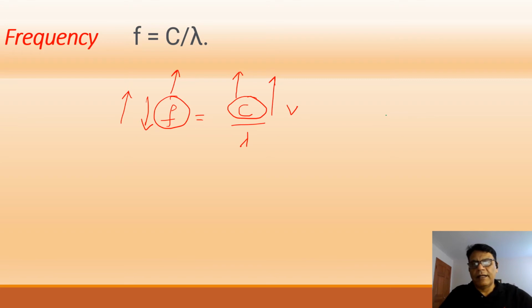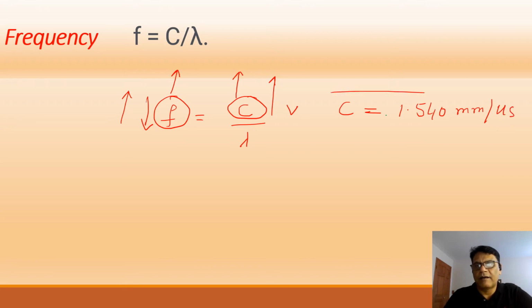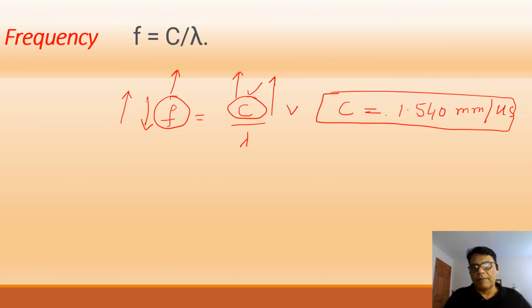But in case of human tissues, the value of C, speed of sound, is considered constant, that is 1.540 millimeter per microsecond. So it remains constant, but actually that is not the case.